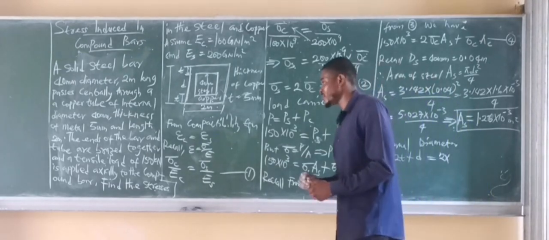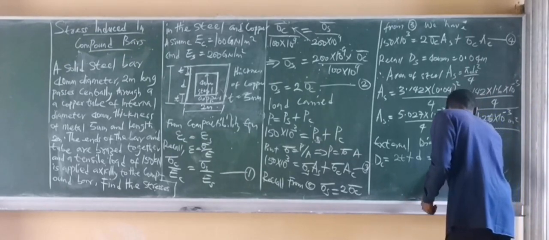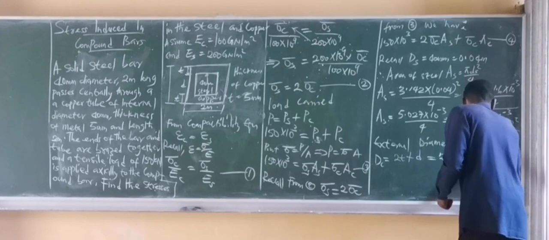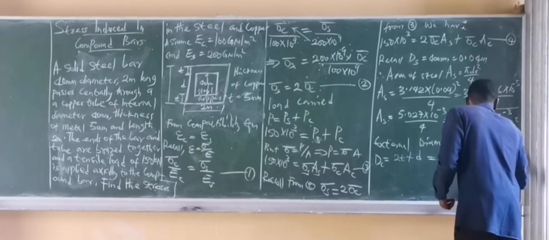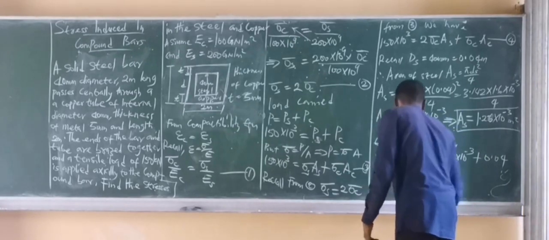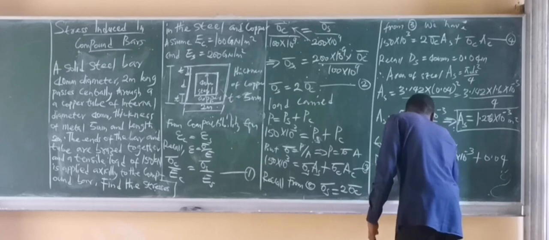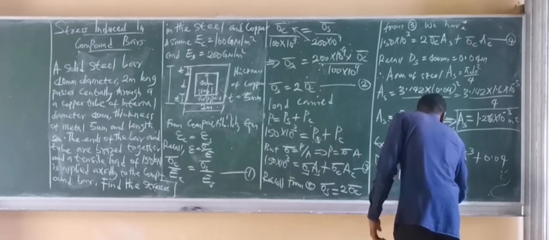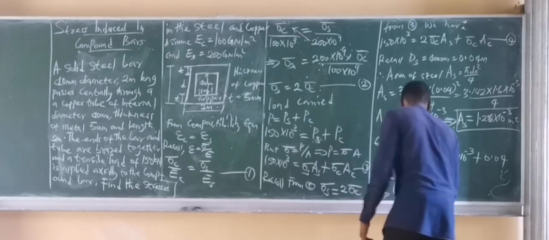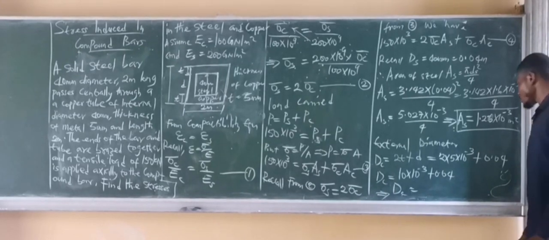Thickness was given as 5 millimeter, so 5 millimeter divided by 1000 to convert to meters, that's 5 by 10 raised to the power minus 3, plus the internal diameter, 0.04. So external diameter of copper is now equal to 10 by 10 to the power minus 3 plus 0.04. Which means the external diameter of the copper is equal to, please, 10 by 10 to the power minus 3, should be 10 to the power minus 2.